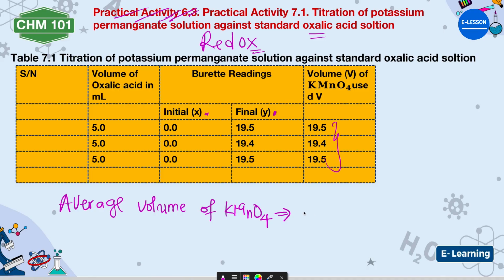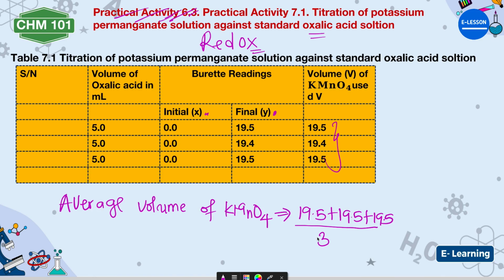Is that okay? So this will be 19.5 plus 19.4 plus 19.5, all divided by how many do we have here? 3. So when you punch that in your calculator, what are you going to have?